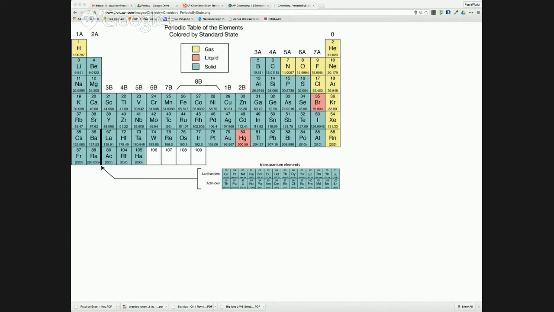And if you remember, they lose the s orbital first because the s orbital is further away. So if you did scandium 2 plus, you're going to lose those two electrons first from the s orbital, which is outside. That's 4s. And then you would lose any from the 3d. So remember that you lose s first because it's further away. It's easier to remove electrons that are further away. So anyways, that might come up.